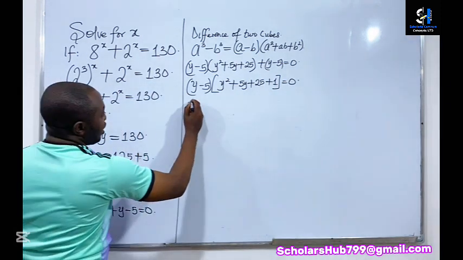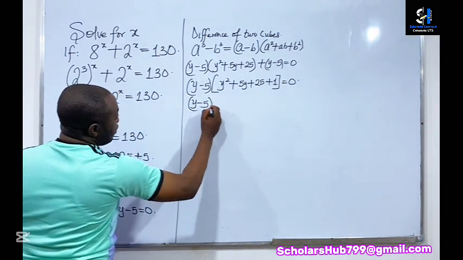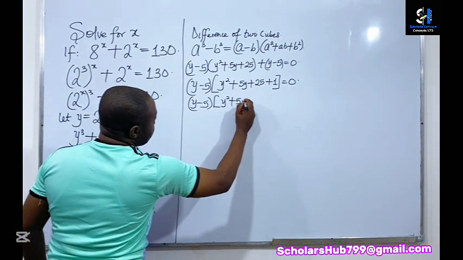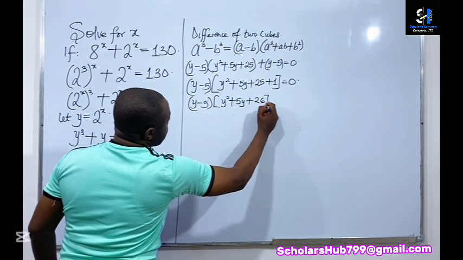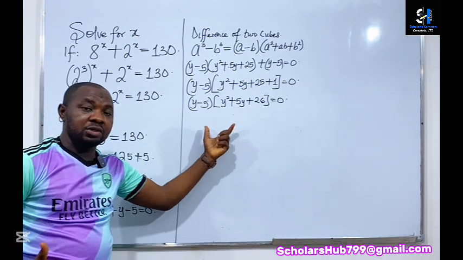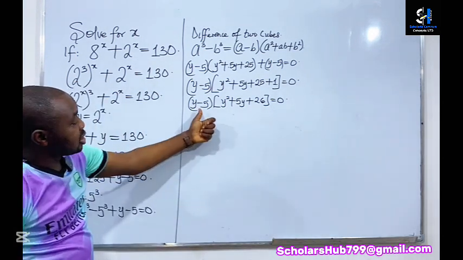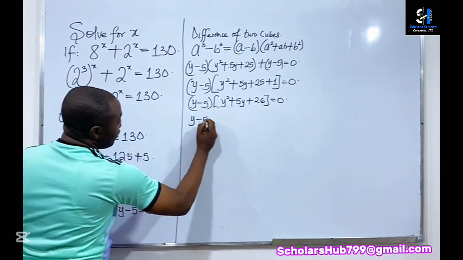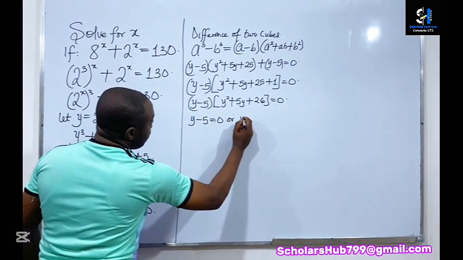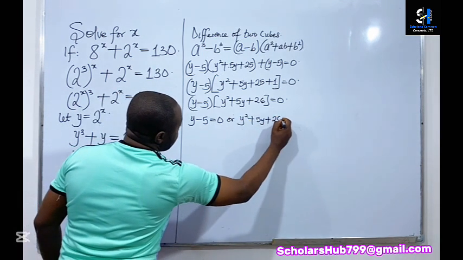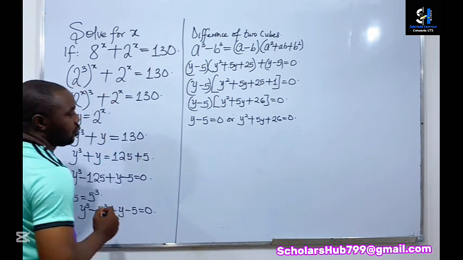So we have the product of y minus 5 and y squared plus 5y plus 26 equals 0. We have the zero product identity in this case, so we set each of these equal to 0. For the first one we have y minus 5 equals 0, while the other one will be y squared plus 5y plus 26 equals 0.